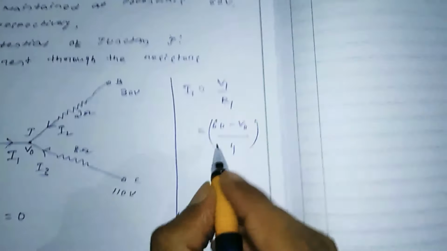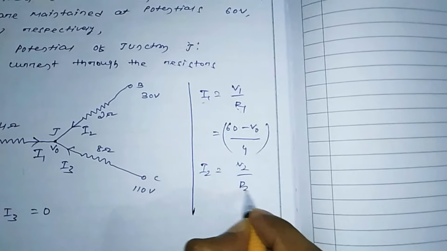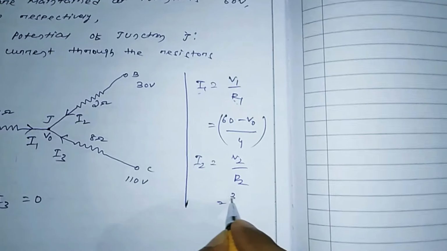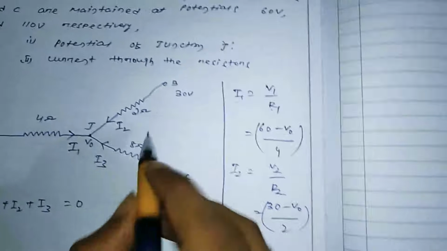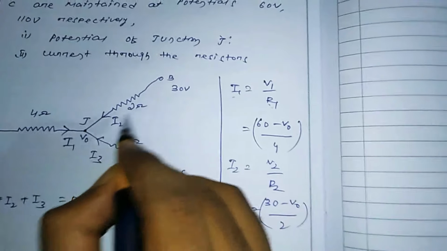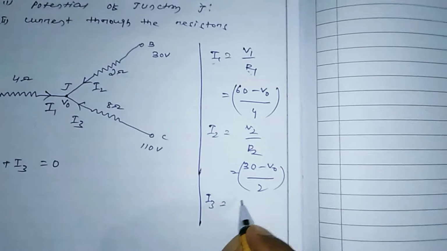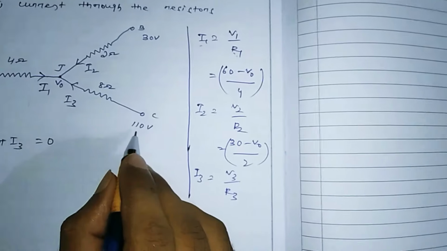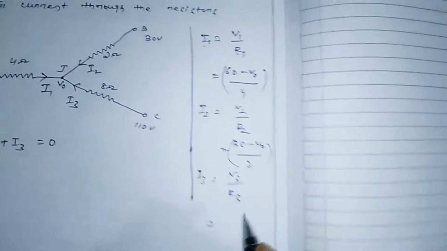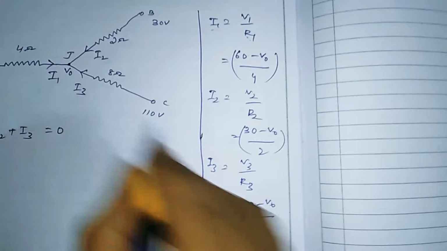So I1 is equal to (60 minus V0) by 4, and I2 is equal to V2 by R2, that is (30 minus V0) by 2 ohm. Similarly, I3 is equal to V3 by R3, that is (110 minus V0) by 8, where 8 is the resistance R3.